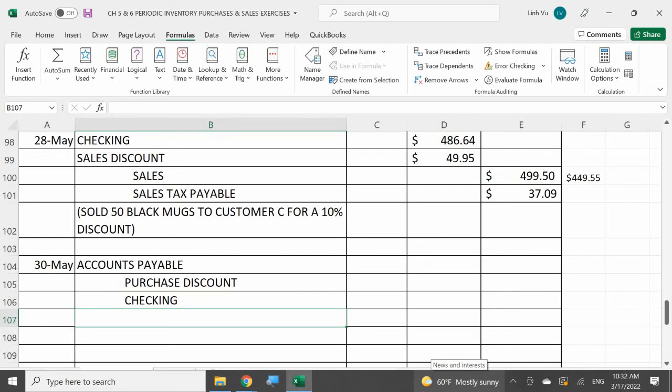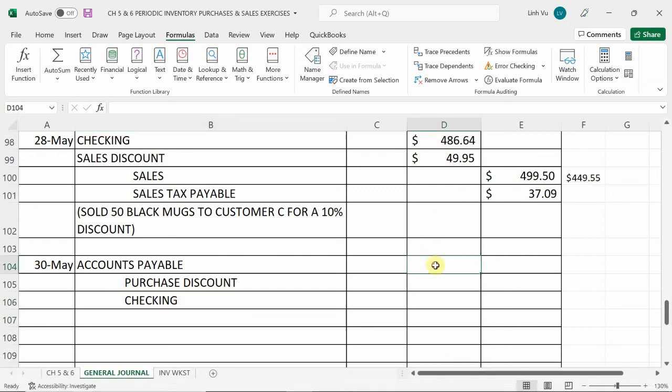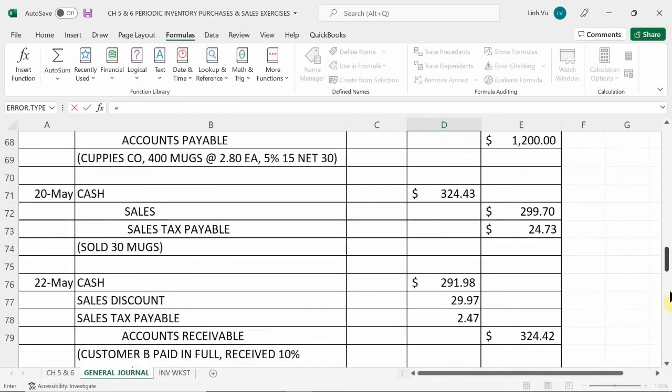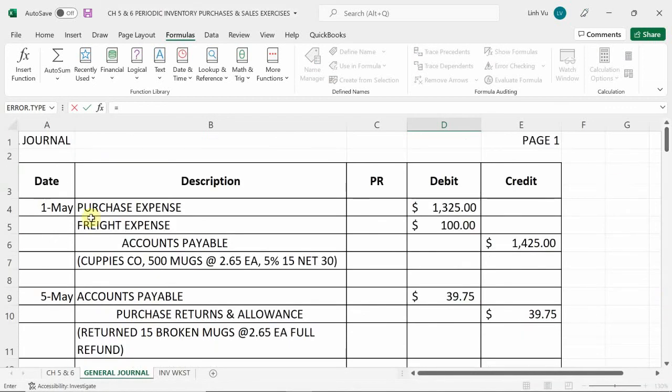So let's figure out how much is the grand total that I owe. Starting with May 1st, my original purchase was the 500 units, the 500 mugs, which got me a grand total of $14.25.